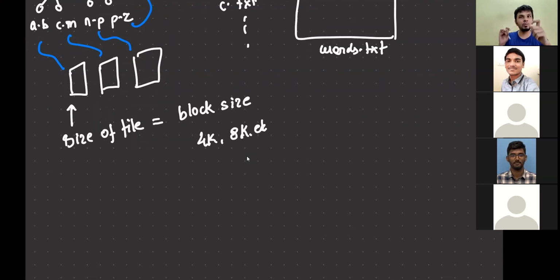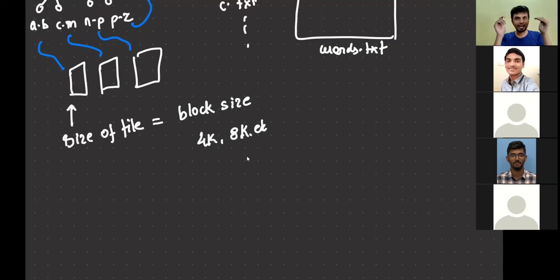So even if you are reading 1 byte, the entire block would be fetched in memory. When you're trying to access subsequent bytes, you would not know directly, but you would know that this file is loaded in memory.